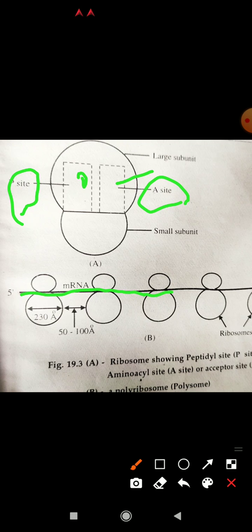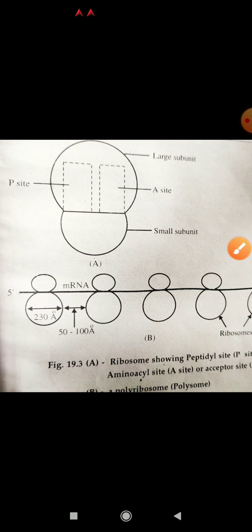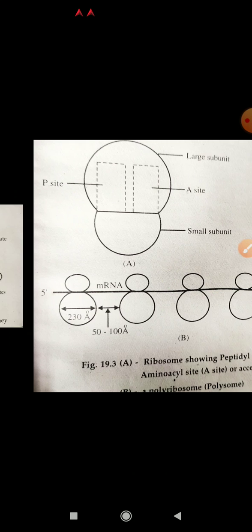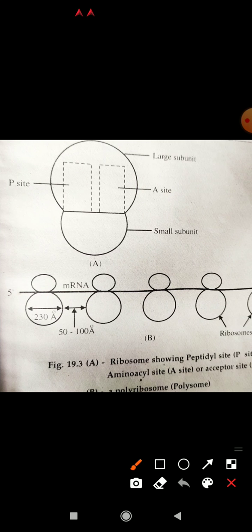This strand is mRNA, and like this, the smaller subunit and larger subunit attach over there, and there is formation of the polysome or polyribosome. Both terms are used. The structure is polysome or polyribosome. It is formed in the cytoplasm.